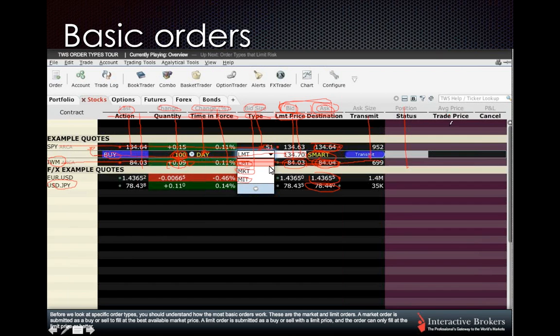There are other columns which you can use, and you can add them up, like average price, profit and loss, position. These columns are additional, and you can remove them or add them using the config button over here. So if you go to global configuration, you can config whatever you like to see over here.